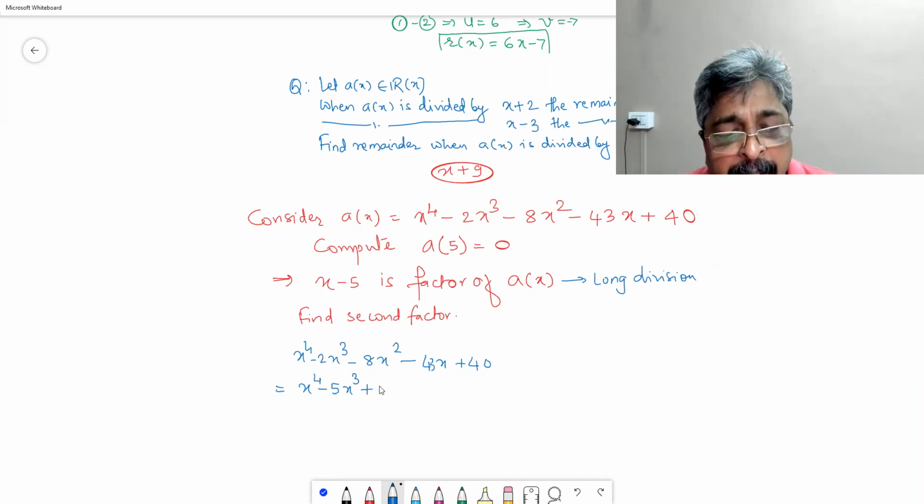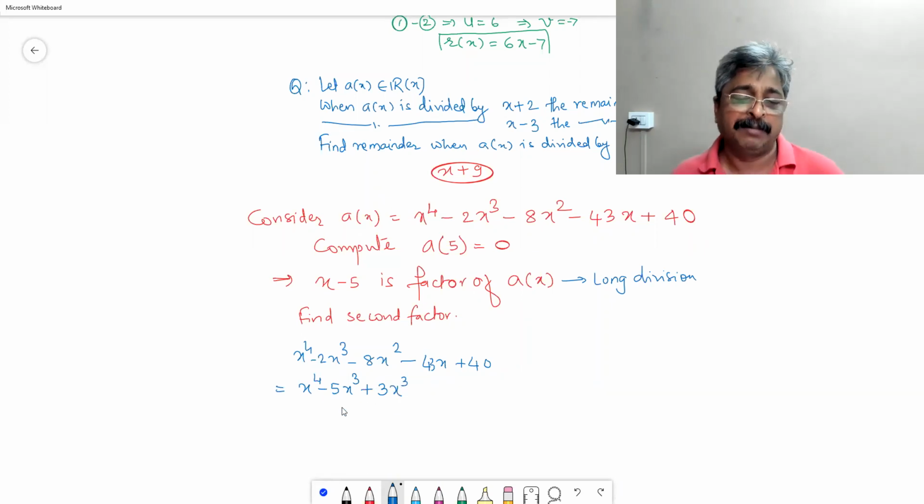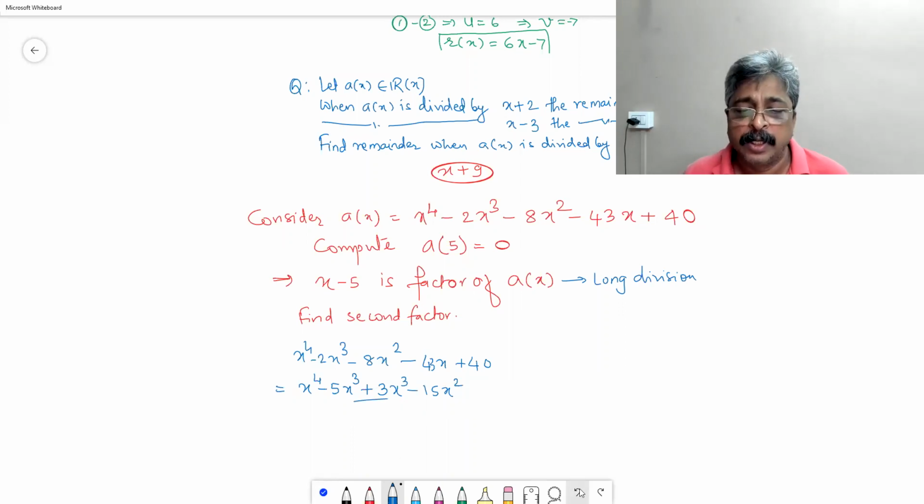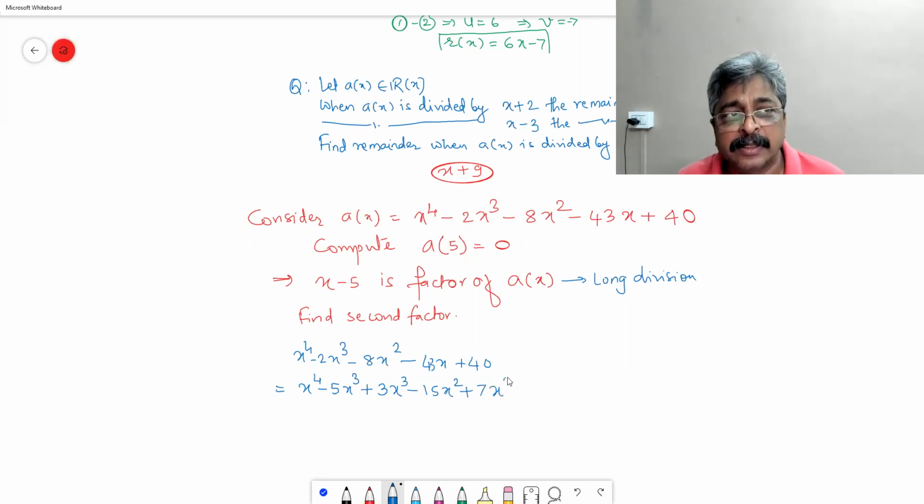So I must add 3x cube. I am not damaging anything, I am keeping the polynomial the same. Now if I have 3x square, then I must have minus 15x square here, so that if I take 3x square common I get x minus 5. But I don't have minus 15x square, I have minus 8x square. Therefore, it should be plus 7x square.